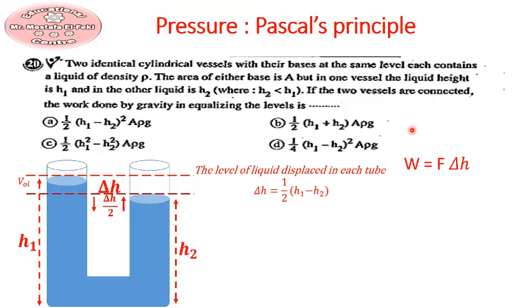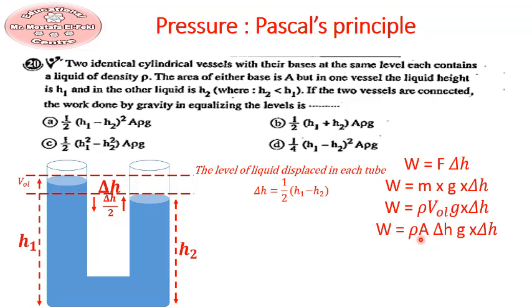Let's start. Since the work done equals force times the displacement, the difference in height, work done equals force times the distance delta H. Force equals mass times gravity, and mass equals rho times volume, and volume equals area times delta H. The volume displaced equals the area times delta H. Let's make delta H to the power of 2.